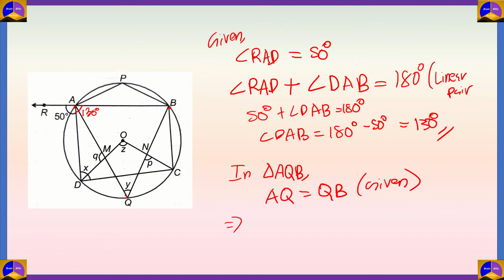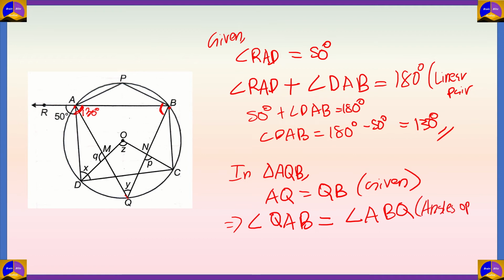So this also means that angle QAB is equal to angle ABQ, which is basically these two angles. Mind you, this 130 degrees is for DAB, not QAB.